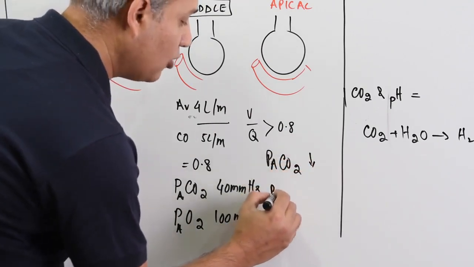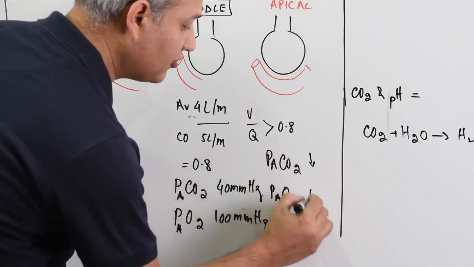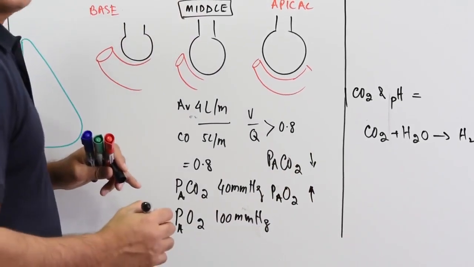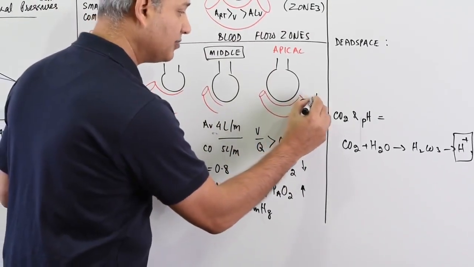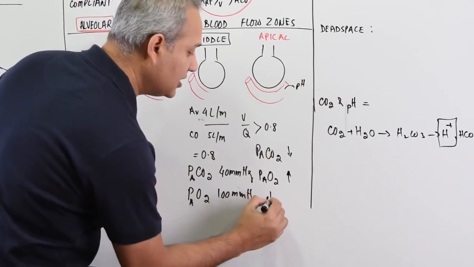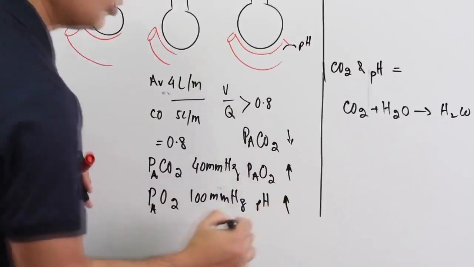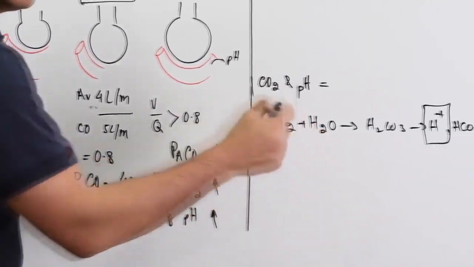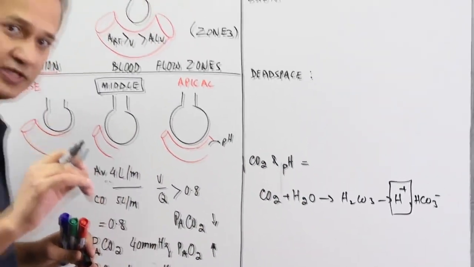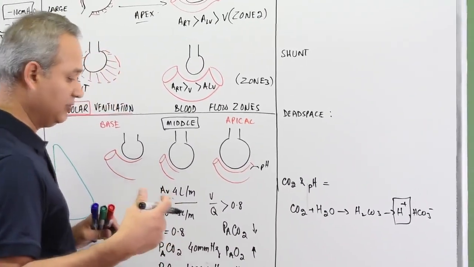How about PaO2? Oxygen level, of course, would start increasing. What would happen to the pH here? pH will increase. Why? Because CO2 is reduced. Reduced CO2 would combine with water less, would produce fewer hydrogen ions, and the pH will increase.